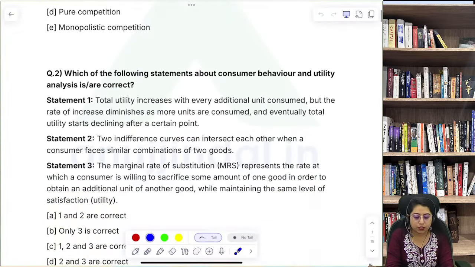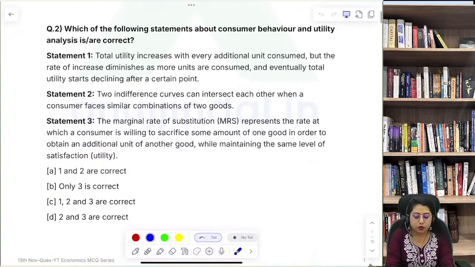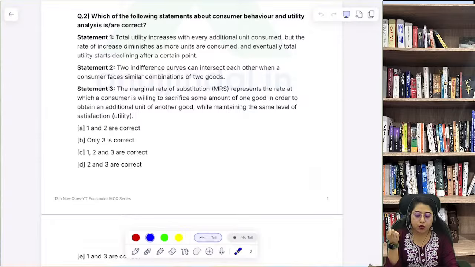Okay, question number 2. Which of the following statements about consumer behavior and utility analysis is correct? Now here you have to identify the correct and the incorrect statements. Total utility increases with every additional unit consumed, but the rate of increase diminishes as more units are consumed, and eventually total utility starts declining after a certain point.